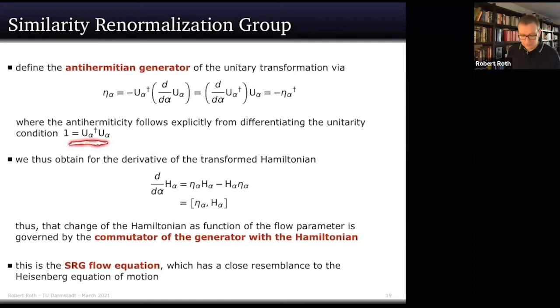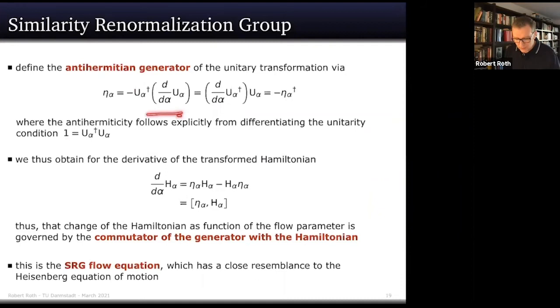If you take the derivative of 1 equals U alpha dagger U alpha, then this 1 becomes a 0. And here you have again the product rule. You have two terms with a plus, and these are exactly the two terms that you get from this product rule. And the minus here is just from pulling over one of these terms to the other side, where you got the 0 from 1.